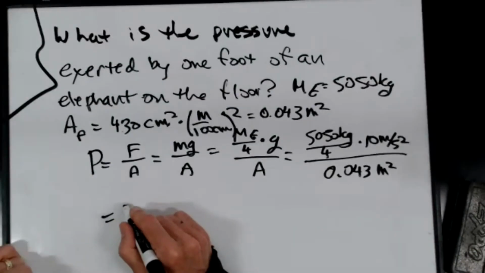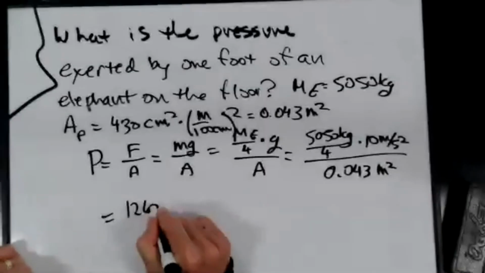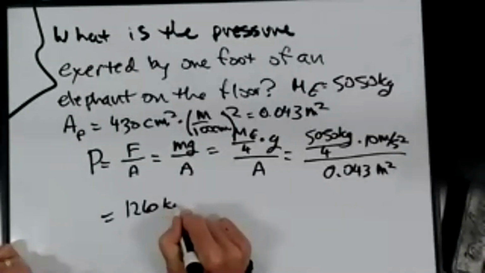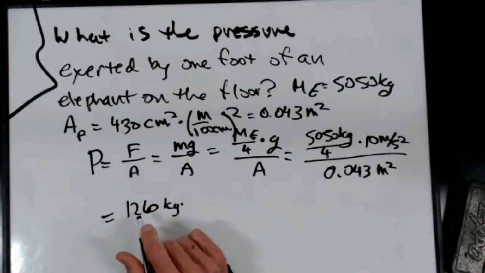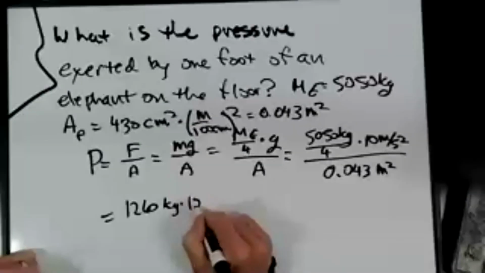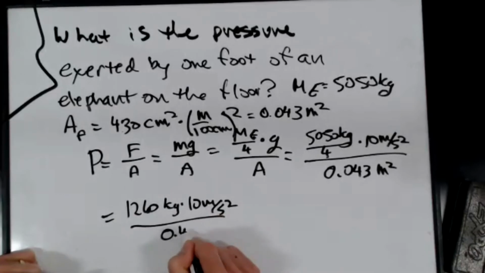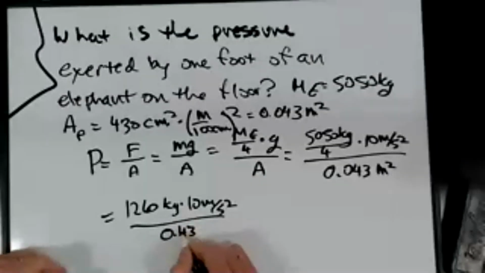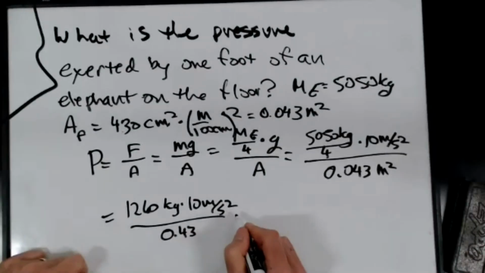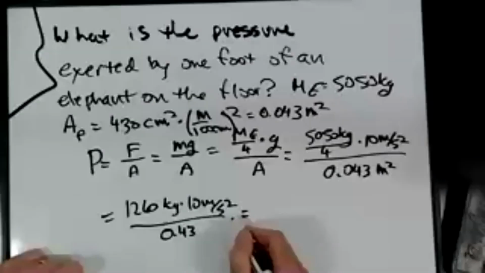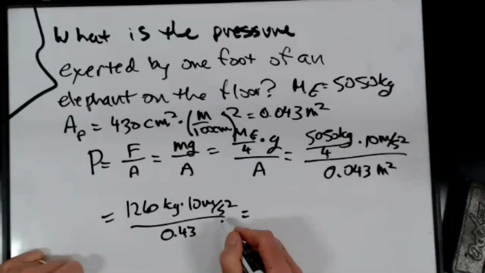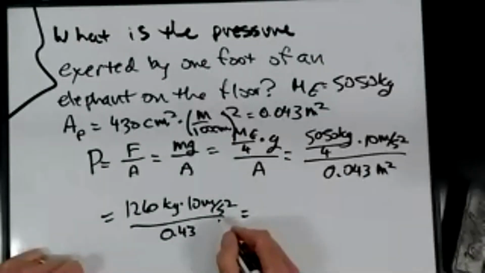I'm going to say that's 1260 kilograms times 10 meters per second squared divided by 0.43. That's going to be about 300. It's going to be 10,000 times 2.5, maybe 25,000.